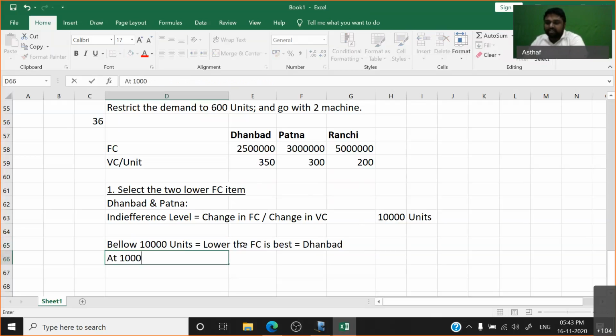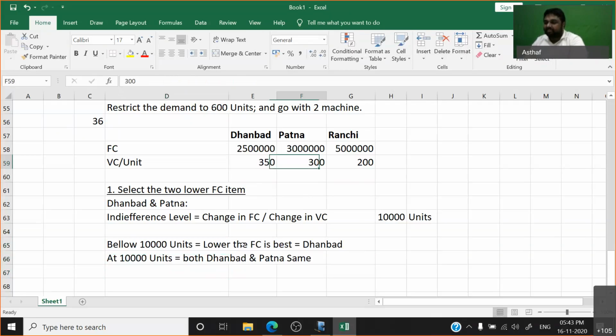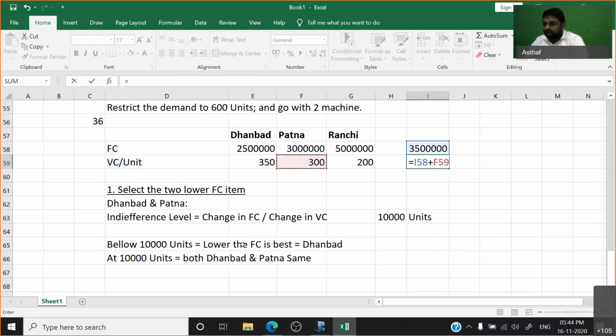At 10,000, this is the indifference level. At 10,000 units, Dhanbad and Patna are the same. You can counter-check also. Look here, at 10,000 units, you have 350 into 10,000, which is 35 lakh, plus 25 lakh, you get 60 lakh.